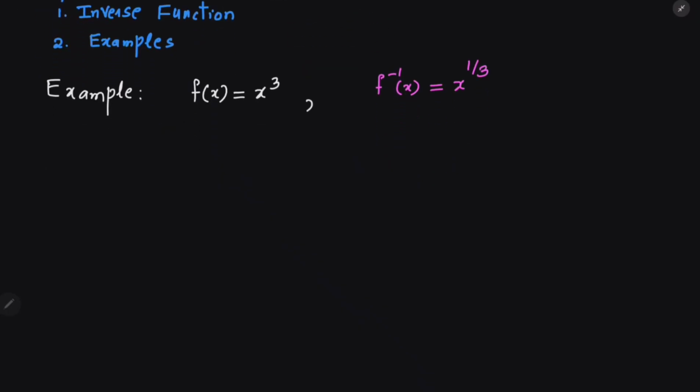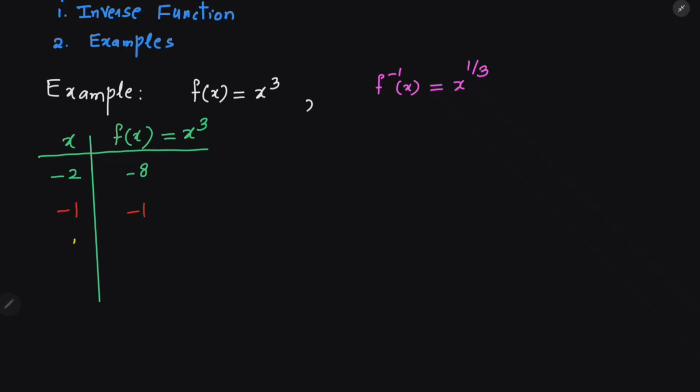Let's generate a table over here. Our table contains the value of x and f of x. Suppose x is equal to minus 2, and remember that f of x is x cube. When x is equal to minus 2, we get minus 8. When x is equal to minus 1, we get minus 1.